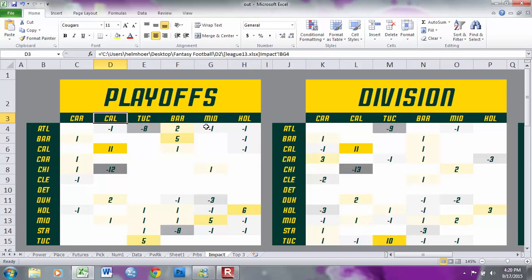If Calgary is favored over Chicago. The Bombers are so bad. If Calgary wins this matchup, what this 11 means is his playoff probability, with everything else being considered equal, nothing else impacting it, if he wins, his probability will go up 11% for making the playoffs.